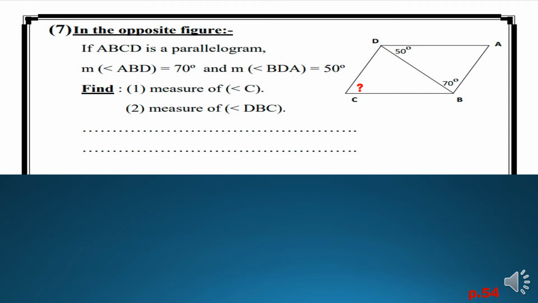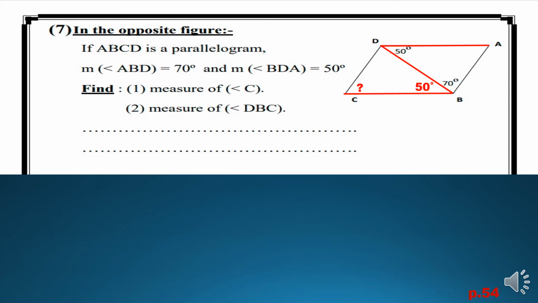Okay, how can I get angle C? I don't have the measure of angle A to get the opposite angle. So I have to find the measure of angle DBC, as they are alternate angles. So measure angle DBC is equal to ADB, equal to 50 degrees.